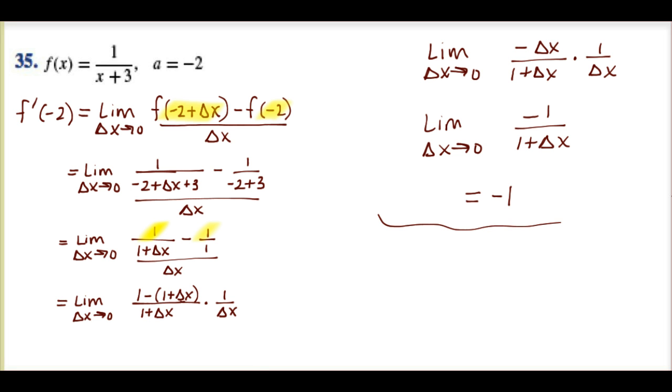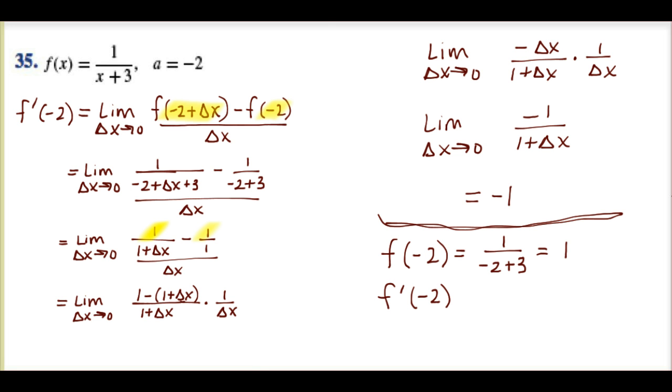And just as a side note, if I wanted the equation of the tangent line, I would need my function value at -2. And if I plug in -2 to my original function, I'll get the y value. I need my slope at -2.